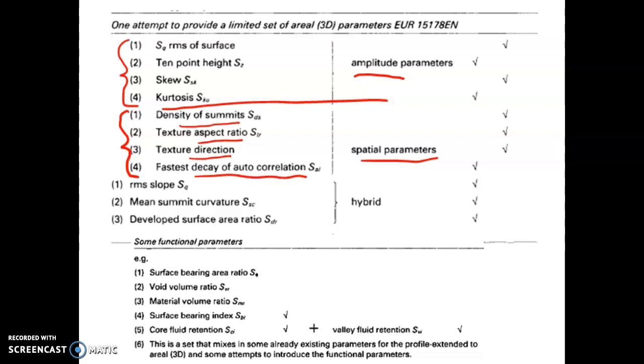The next set is the hybrid parameters: RMS slope, mean summit curvature, and developed surface area ratio. The next 6 numbers represent the functional parameters, which we have already discussed.